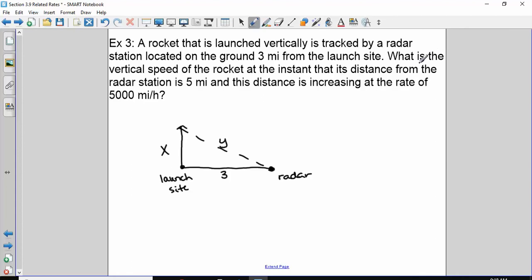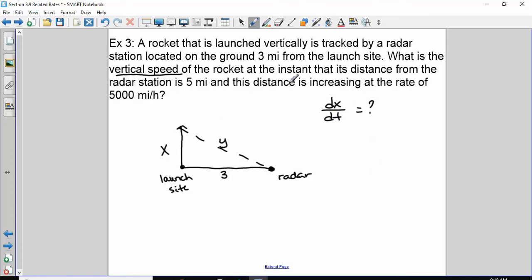Okay. Now let's go back to the problem. We've used the 3. What's the vertical speed of the rocket? So speed is talking about the derivative. The vertical speed, so I'm talking about this x side, so what would I label that? That's the thing I'm trying to find. What's the vertical speed, so I do not know.